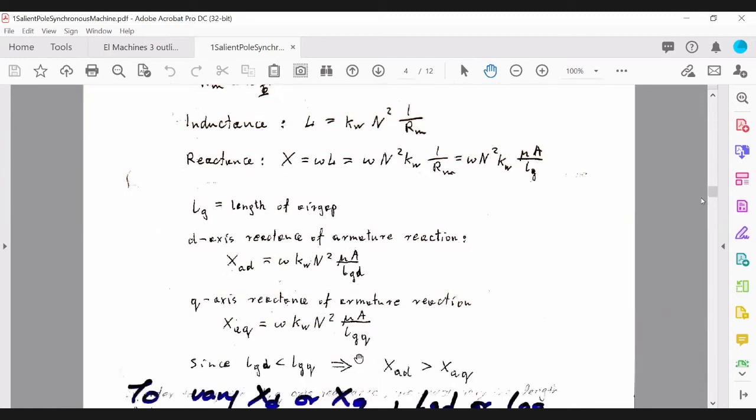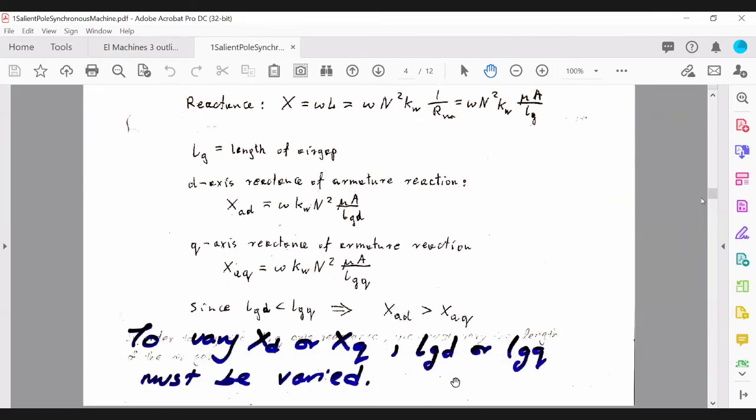When you look at figure 1, you saw that the d-axis air gap length is much less than the q-axis, obviously. That translates to the reactance on the d-axis being higher than that of the q-axis.